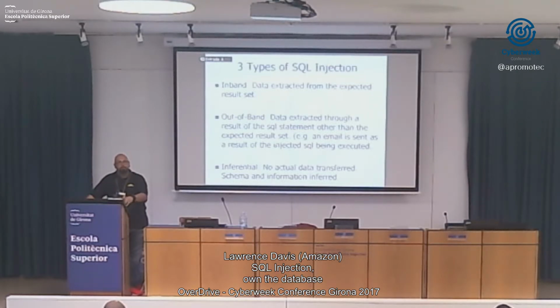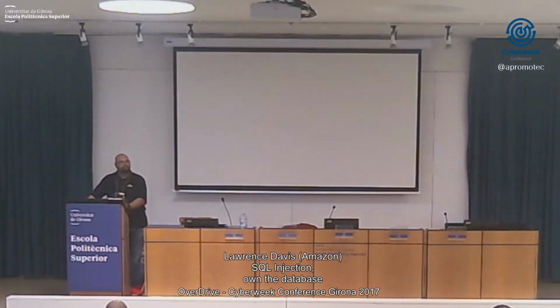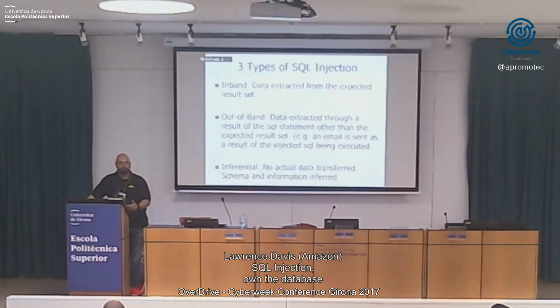The second type is out of band. Out of band is when you may inject SQL into a web page or into the application, and then the results aren't necessarily going to be presented back to you on the web page itself. You might do something to send off an email, or maybe do a ping, just to see if you can get the back-end database to react to what you're trying to inject into it.